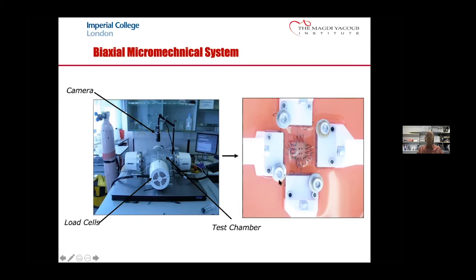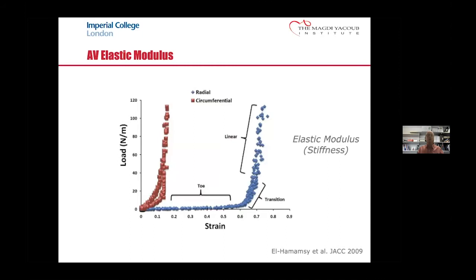We took a biaxial mechanical tester, and rather than do this in the open air, we built a tissue bath essentially around this, so we could keep the tissue alive as it was in an organ bath. But instead of doing contraction experiments, we endeavored to do uniaxial testing and constructed stress-strain curves in the radial and the circumferential direction, and then measured the stiffness of the tissue, or the Young's modulus.